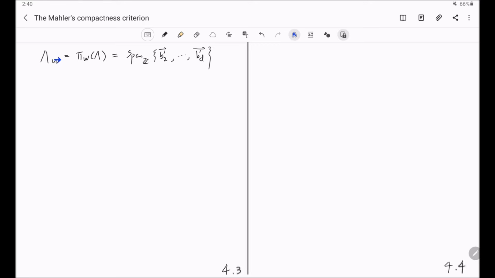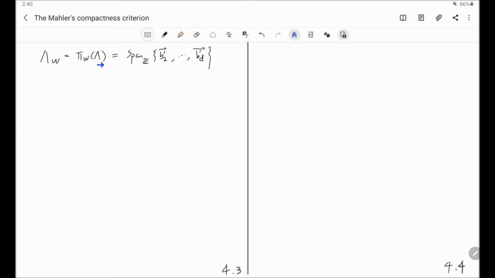And we note that at this point, we don't know if lambda W is unimodular or not. Although lambda is unimodular, we don't know what kind of covolume lambda sub W will have. But we will have the following estimate.